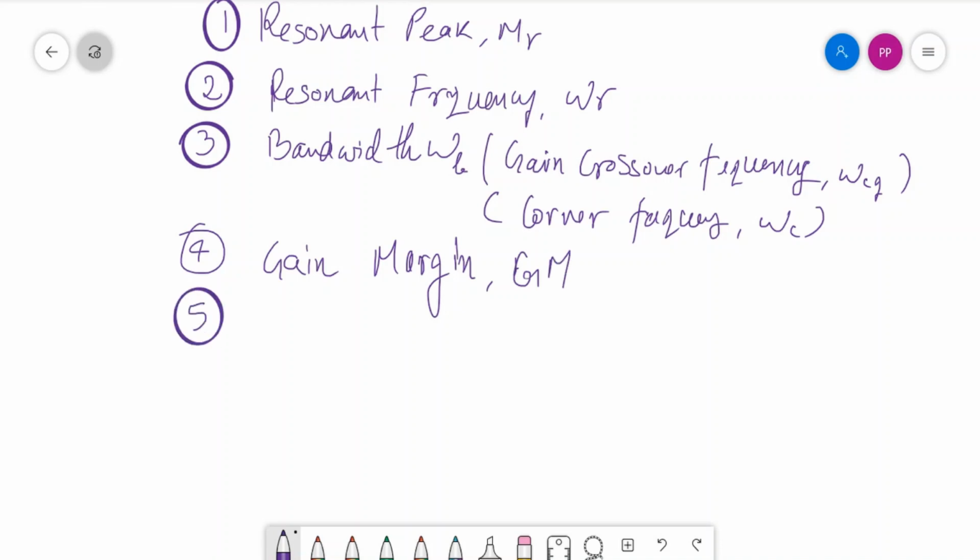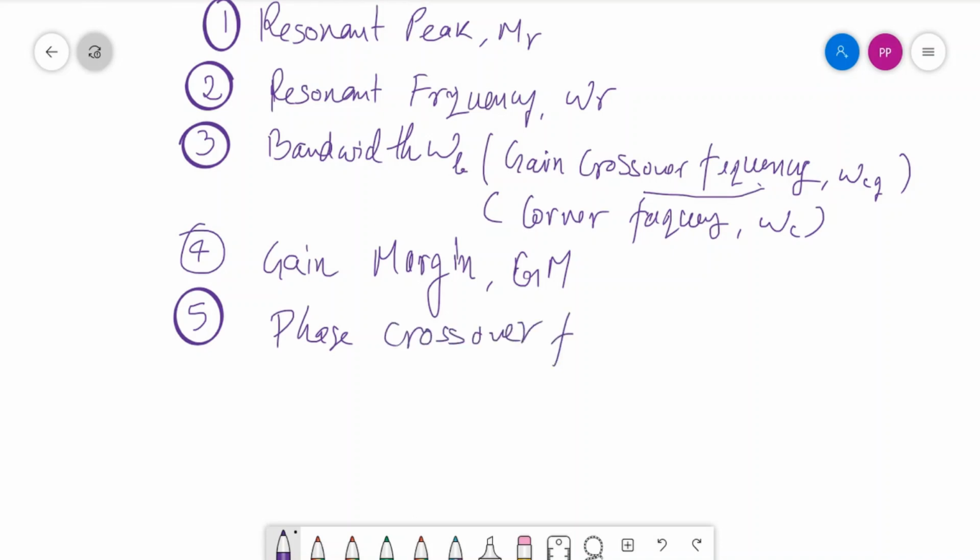Then the fifth one is the phase margin. For phase margin we have the gain crossover frequency. This is the gain crossover frequency. Similarly, for gain margin we have the phase crossover frequency.